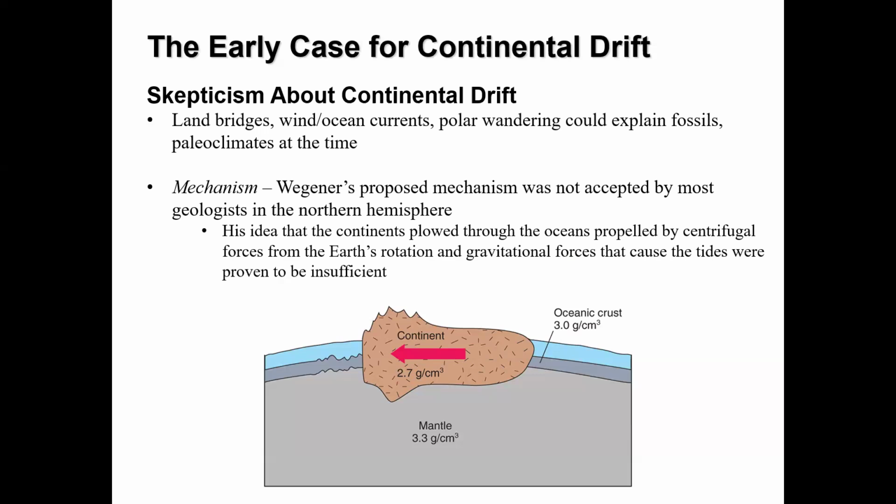And so that shut down this idea for a really, really long time. This was proposed in like 1912, 1915. And it didn't really start to gain traction again until we collected more data in the 40s and the 50s. And in the 50s and 60s, that's when it really started to come together. So this was the early case for continental drift.